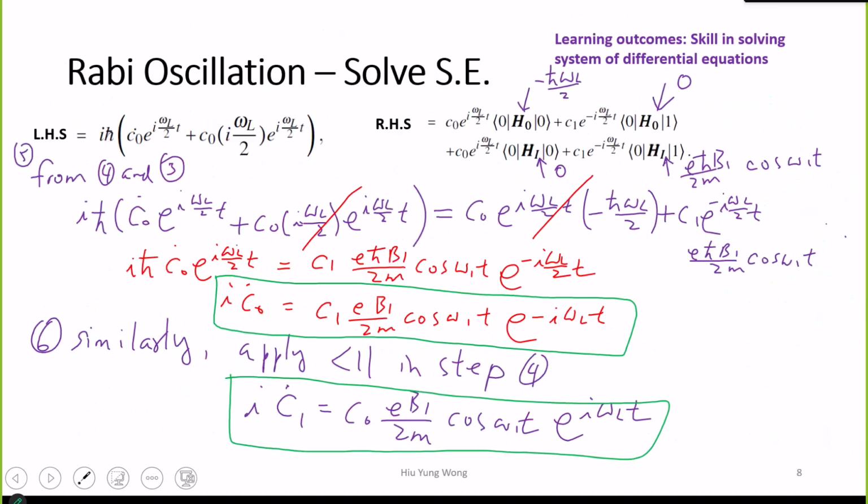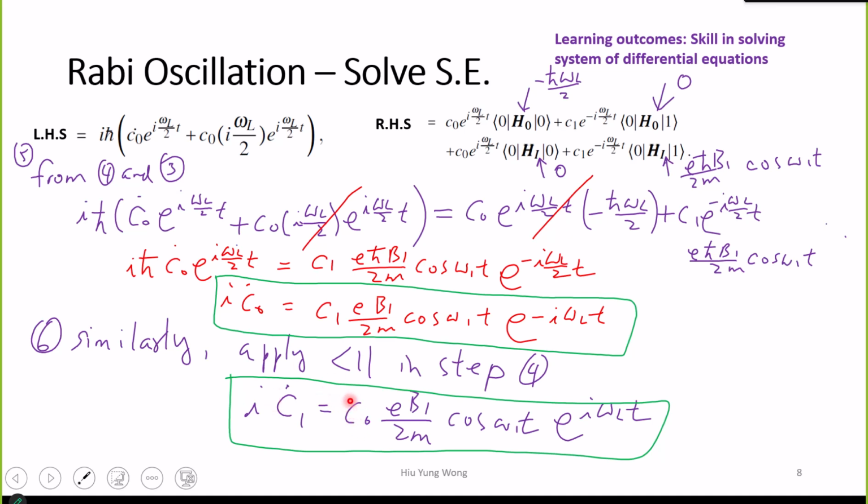And these two equations tell me that my C0 will increase very fast if you have a large C1. And this equation says my C1 will increase very fast if you have a large C0.